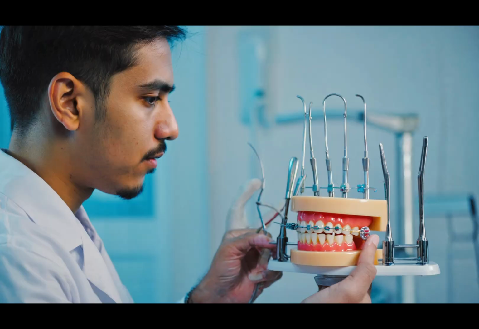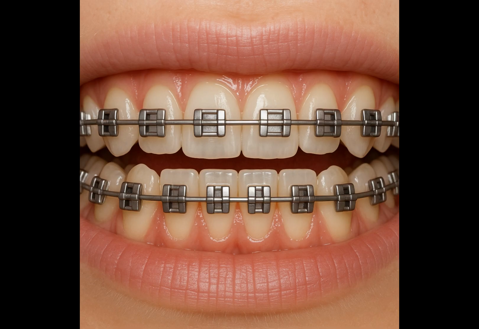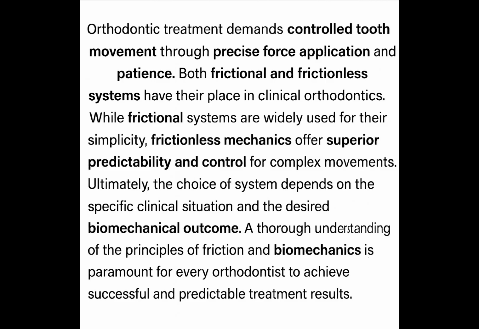Conclusion. Orthodontic treatment demands controlled tooth movement through precise force application and patience. Both frictional and frictionless systems have their place in clinical orthodontics. While frictional systems are widely used for their simplicity, frictionless mechanics offer superior predictability and control for complex movements.